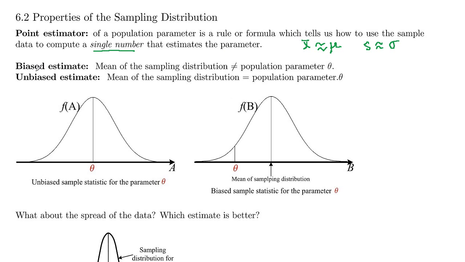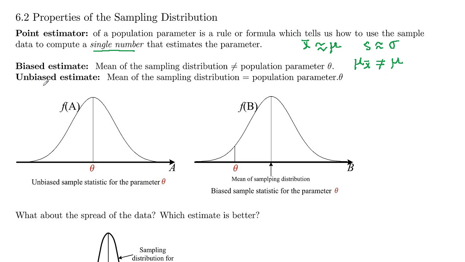Now, a biased estimate is when the mean of the sampling distribution is not equal to the population parameter. So the population mean, for example, if we were doing the sampling distribution for the mean. So in this case, this is when the mean of the X bar distribution is not equal to the mean of the population. That's going to be a biased estimate.